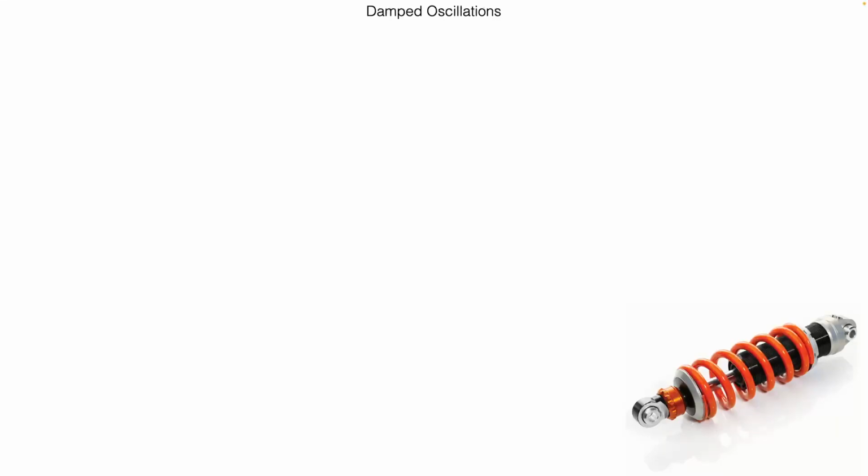But if you don't put enough shock absorbing or dampening in, your system will oscillate a lot. So there are three grand regimes for damped oscillations, and we'll plot them here. This is an amplitude per time sort of graph.